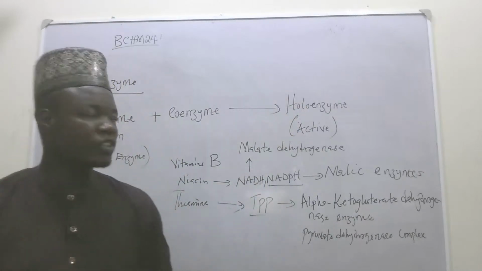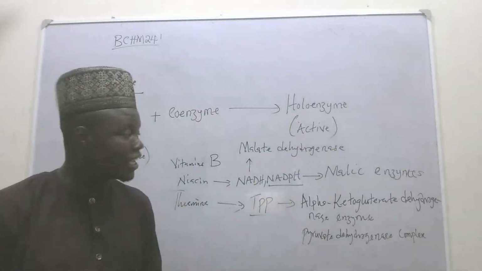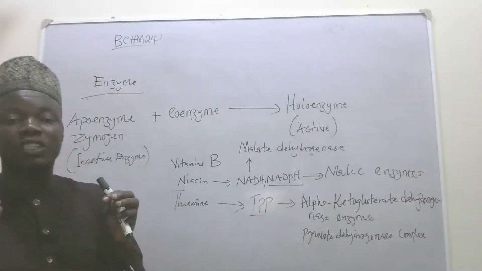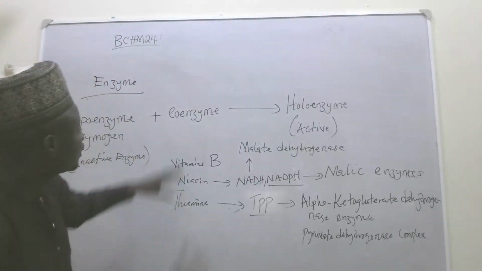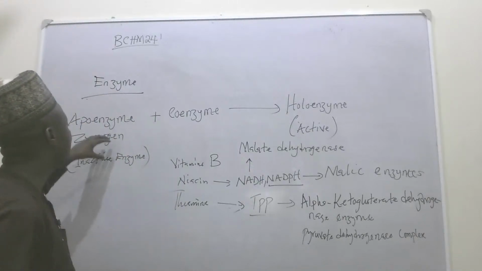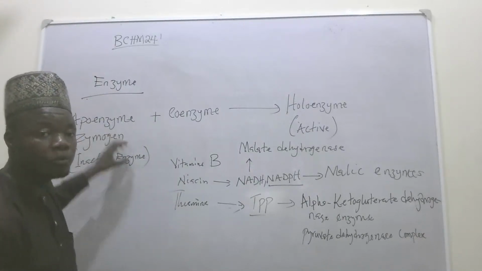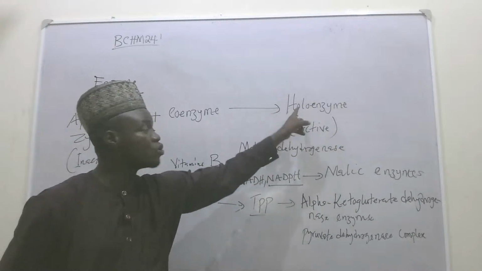Why are you lost? The question says describe the role of vitamins and their derivatives in enzymes or in catalytic reaction. So their role is that the vitamins are coenzymes and they are required by the apoenzymes for them to be active enzymes. And the active enzyme is the holoenzyme.